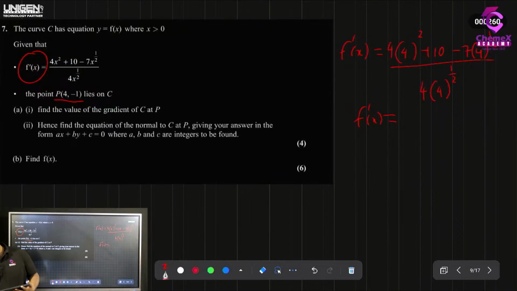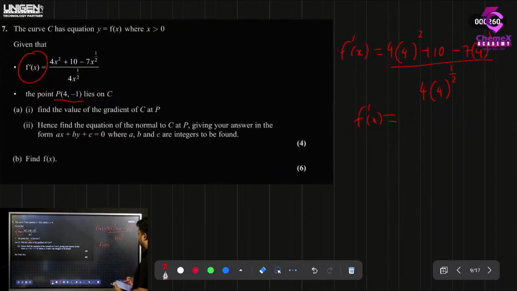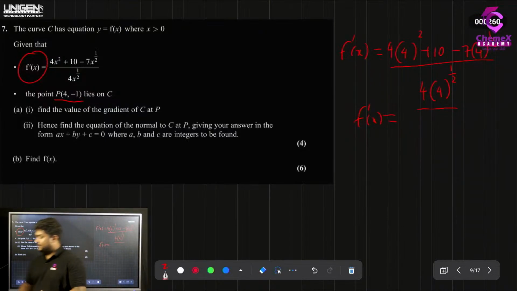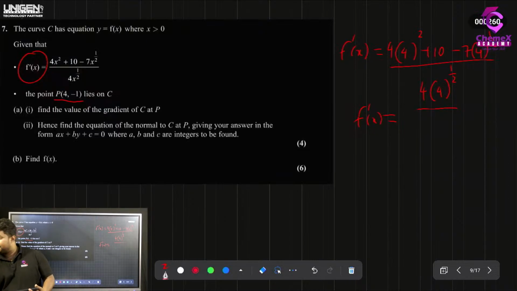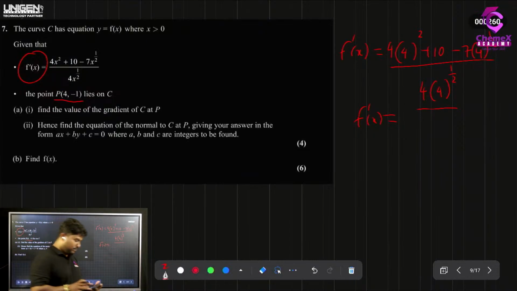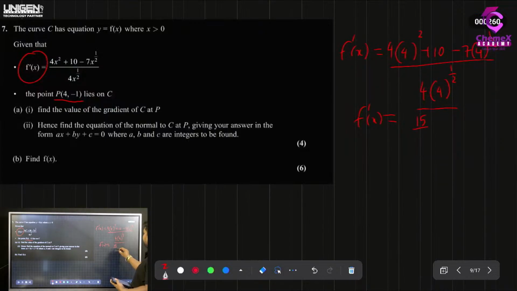It should be a fraction. So 4 multiplied by 4. What do you get, Medusa? 289 over 4, I think. Wait. It's 15 over 2. So I get 15 over 2.